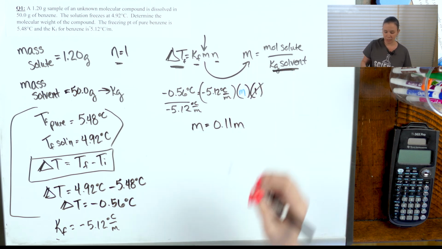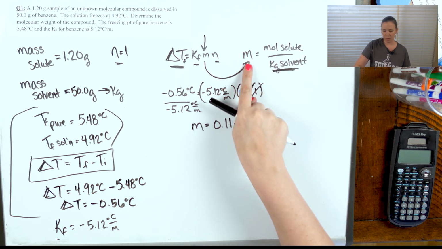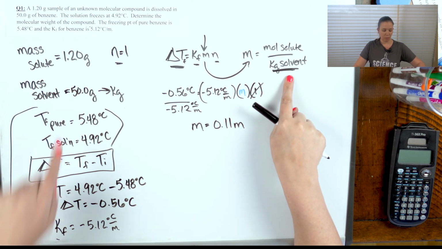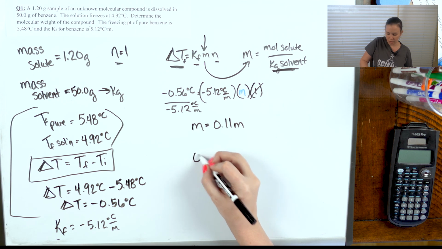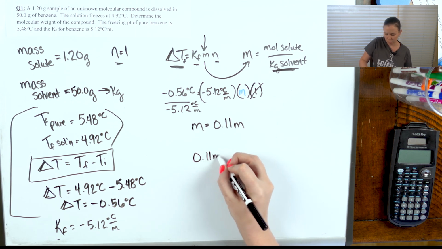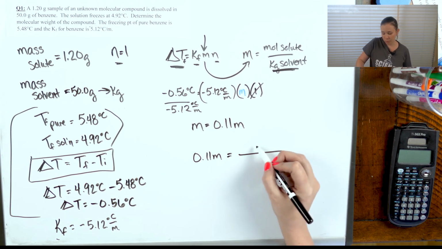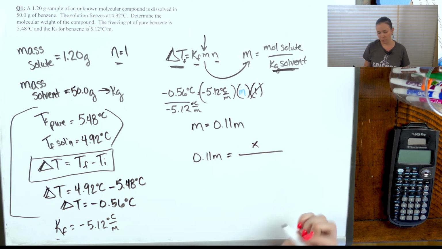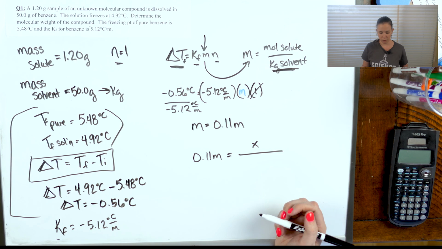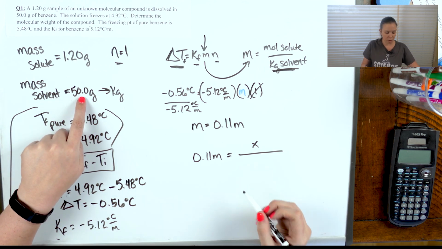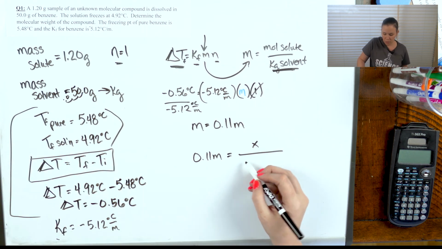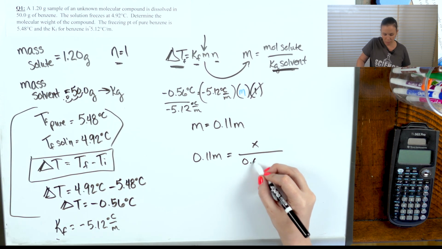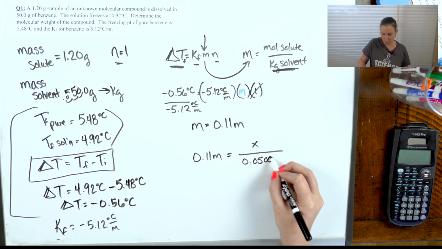Now I can plug that in, like we said, in this equation. Plug in the molality and plug in my mass of solvent, but in kilograms. So first, the molality on the left is the 0.11. I don't know the moles of solute, so I'm going to be solving for that. On the bottom, I'm going to be solving for the kilograms of solvent. If I'm given grams and I want kilograms, we're moving the decimal back 3 places. So it's going to be 0.0500.